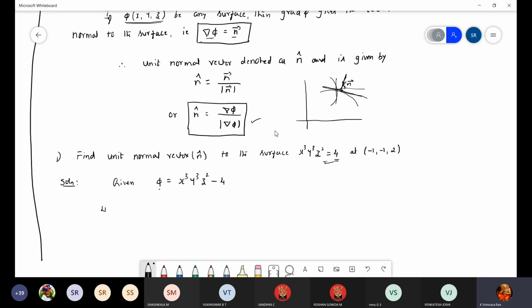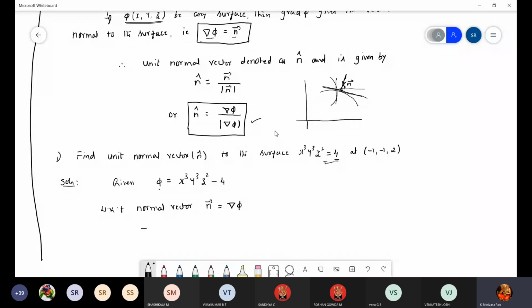Now we know that the normal vector, again this is for the first problem, I'm writing all these things. Simply you can write, we know that vector n equals grad phi. This is the formula. The normal vector formula is grad phi.